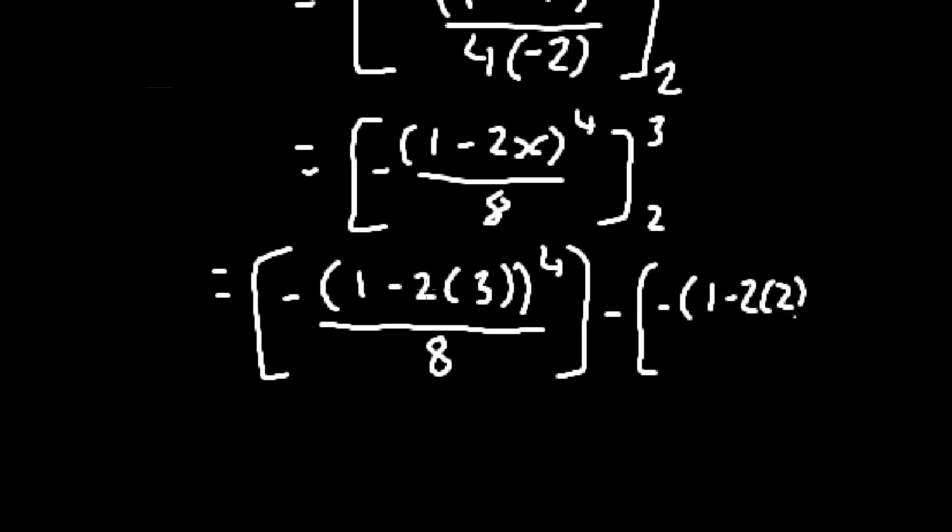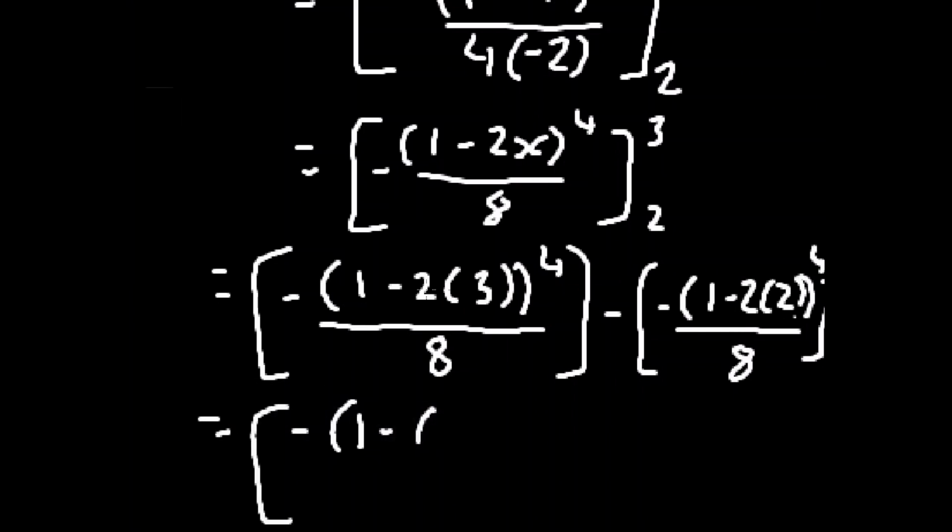Oh, it's going to get a bit squishy. Okay, so let's simplify this. There's a lot going on here. So that 2 times 3, which is equal to 6, to the power of 4 there.